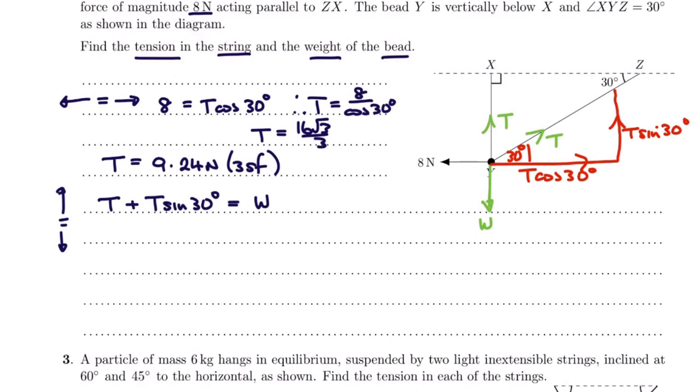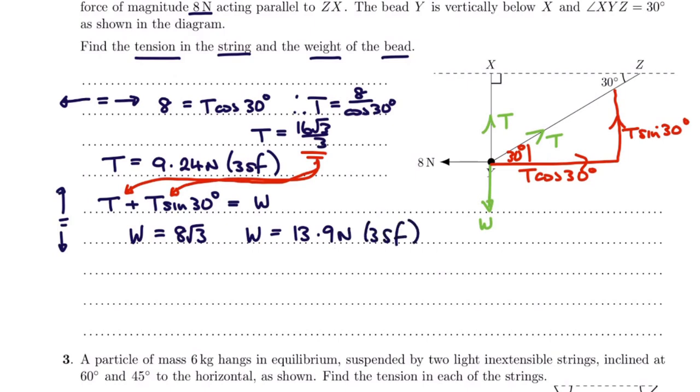Don't forget, in the first part we knew that T was 16 root 3 over 3, so I'm going to substitute that into those 2 places, pop that in my calculator, and I get that W is 8 root 3, or W is 13.9 newtons, again to 3 significant figures.